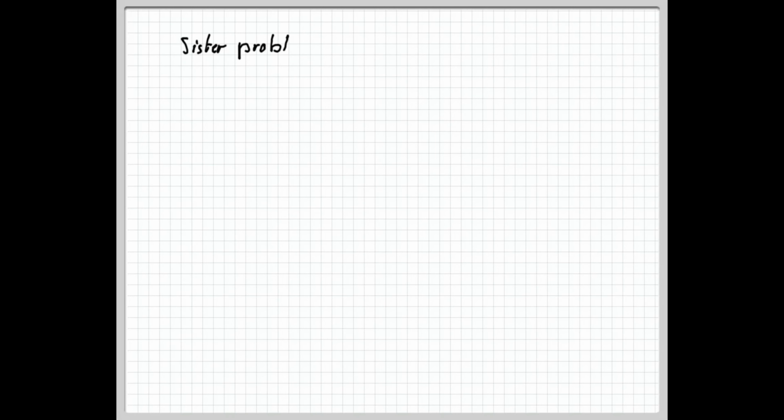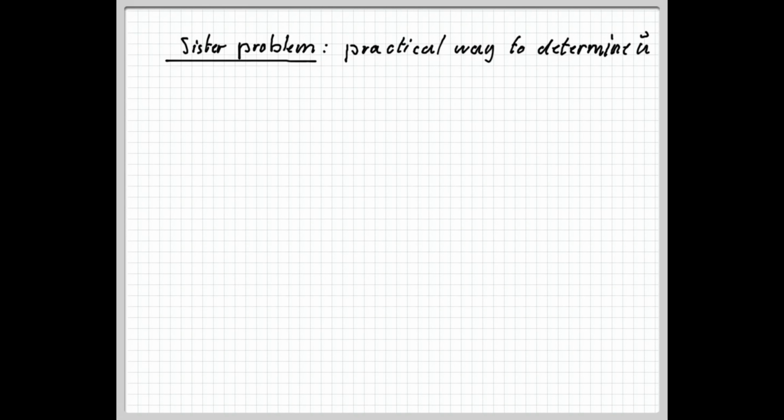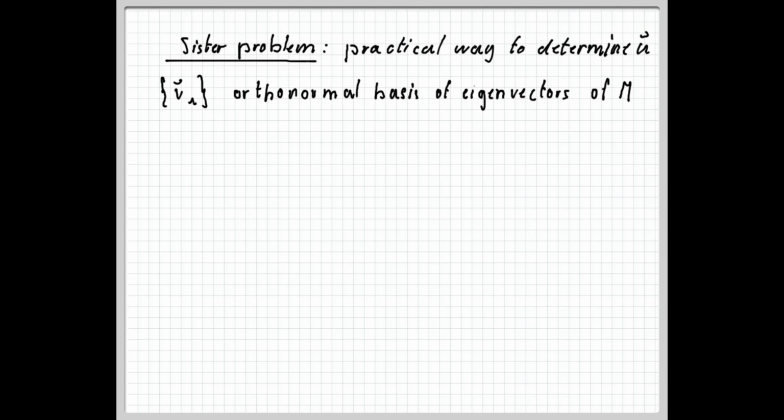So, we are looking for a practical way to express the solution of u. For this, we take as the orthonormal basis to express all vectors in the eigenvectors of operator M. Operator M being self-adjoint and non-singular.